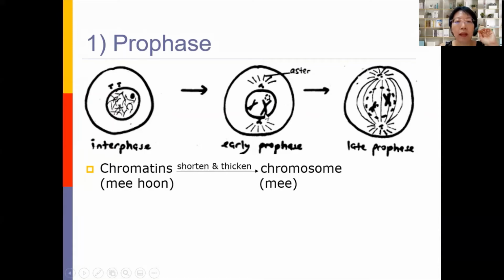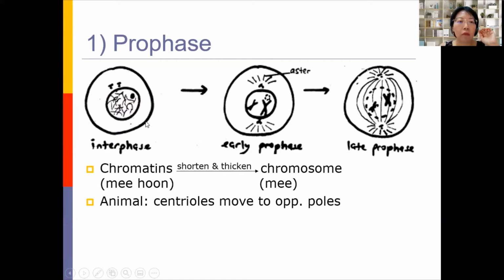So the mihun becomes mi. Then in animals, centrioles will move to opposite poles. This is a pair of centrioles, this is another pair, and this one already moved to the opposite pole.